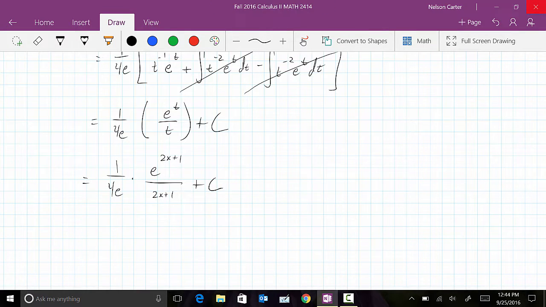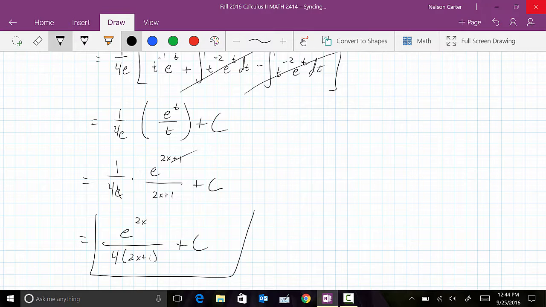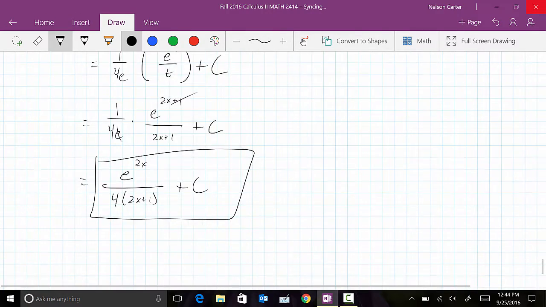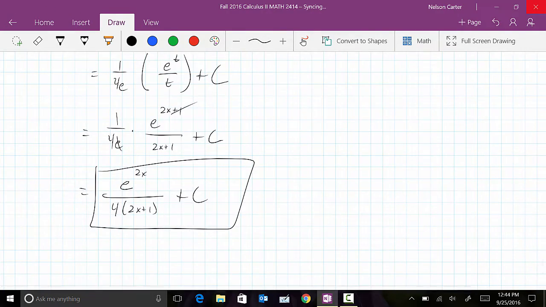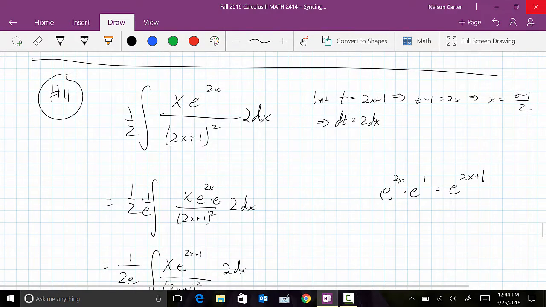Then this e could cancel out with that, and you're left with e to the power 2x all divided by 4 times 2x plus 1, all plus c. Well, that's very interesting. I've never seen anything like that happen before, ever.